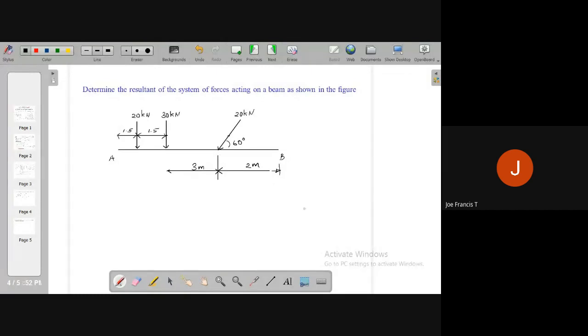If you consider the 20 kilonewton force, you have to first resolve this 20 kilonewton force into two components, one perpendicular to the line AB and another one parallel to this line AB.